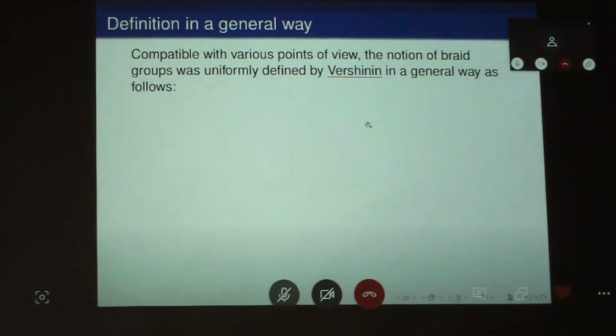Here, Fox and Neuwirth gave a more general way to define the notion of the braid group.